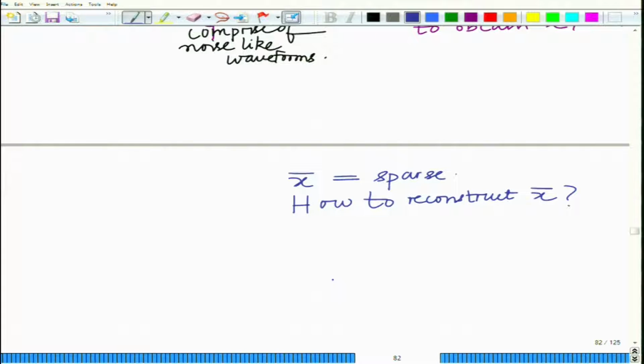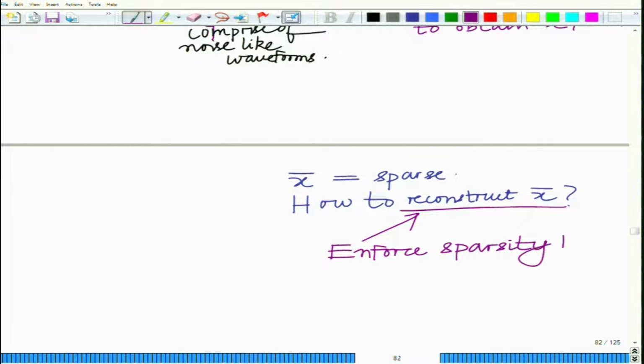To reconstruct x bar, what we have to do is enforce the sparsity. Remember, x bar is a sparse vector, so we have to enforce sparsity. The answer is enforce sparsity. What does it mean to say enforce sparsity?